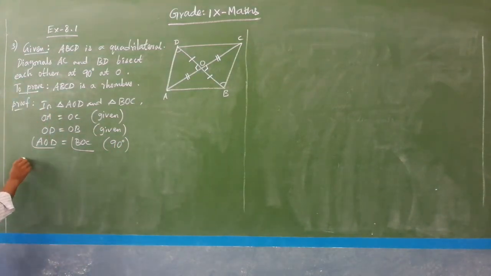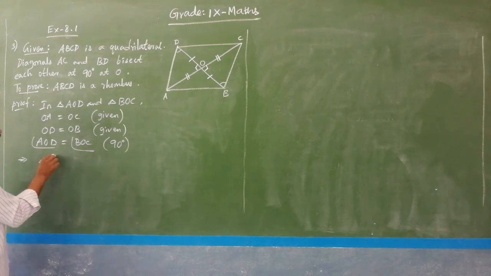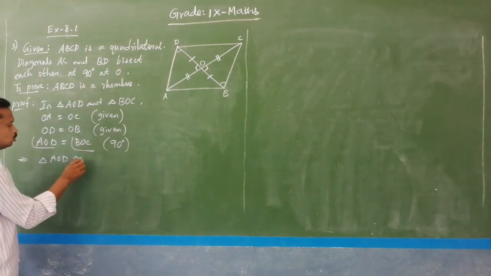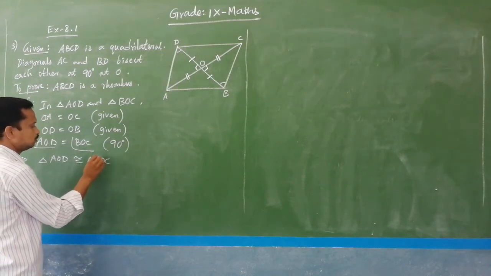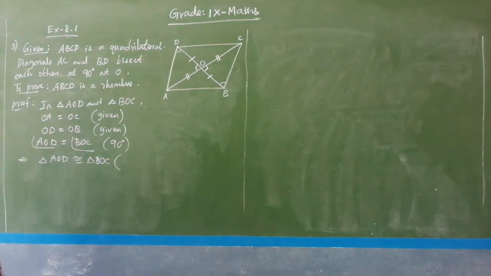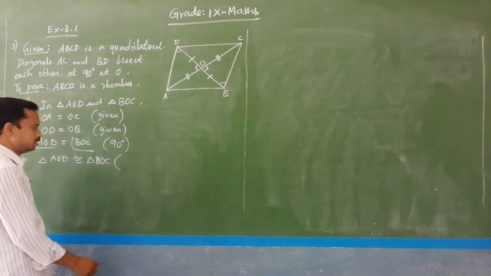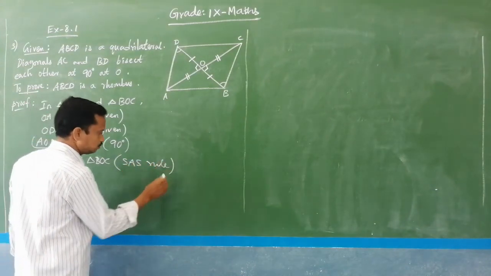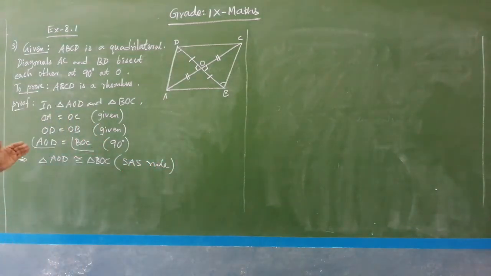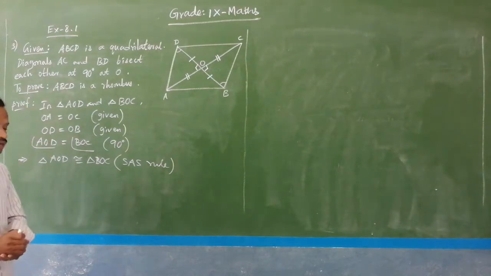Now, they are congruent. Triangle AOD is congruent to triangle BOC. Okay. You know by what property? Two pair of sides and one pair of angle, so SAS rule. By SAS rule, the two pair of sides and one pair of angle are equal, so these two triangles are congruent.